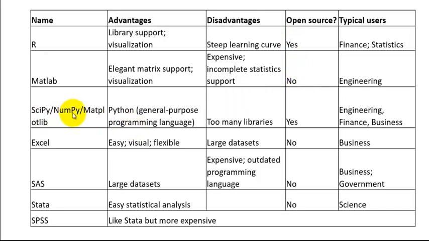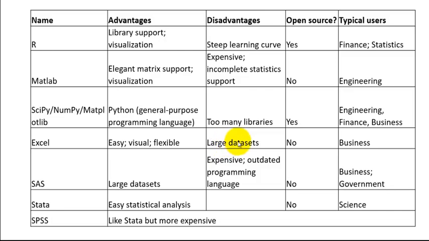But coming to SciPy, NumPy, these are Python libraries. It's based on Python. All the advantages of Python come to play here. Visualization, a lot of libraries. Can you imagine? The disadvantage mentioned here is that Python has too many libraries. I don't see that as a disadvantage, because the many libraries of Python are what enrich the language and make it more powerful. Now look at Excel. Excel is easy, we agree with that. It has visuals, yes. It's flexible.